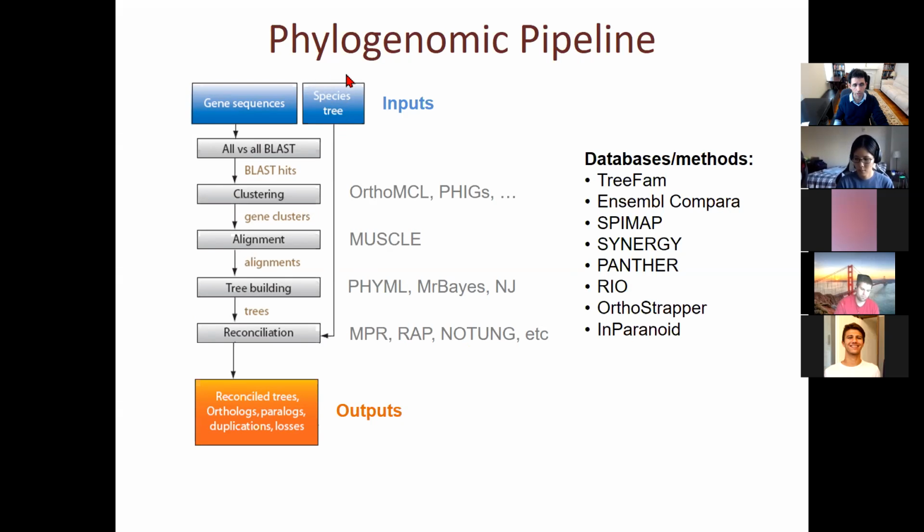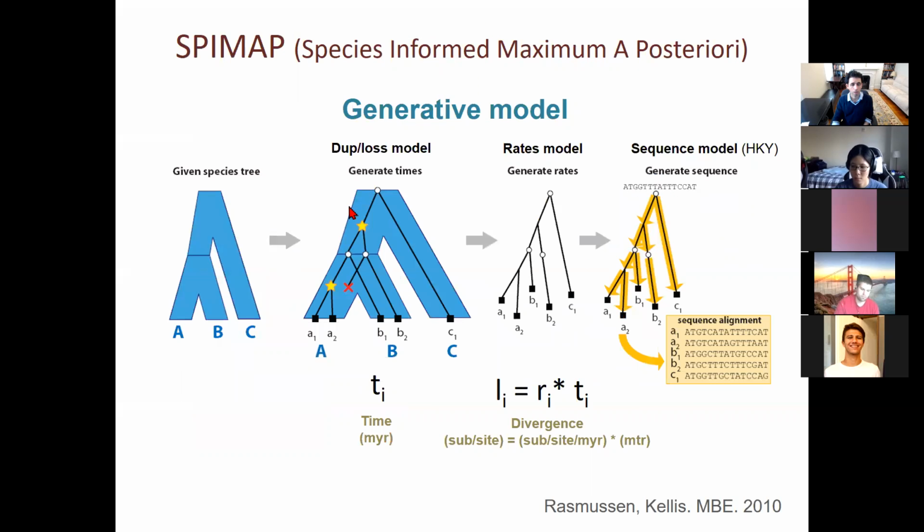We can guide the types of trees that we would expect using the species tree, and have a generative model that is informed by the species tree, and then infer the Bayesian probability of a gene tree using the prior for what I would expect given the species tree, and the evidence from the particular sequence that we're looking at to calculate the likelihood and the posterior probability of that gene tree for that set of species.